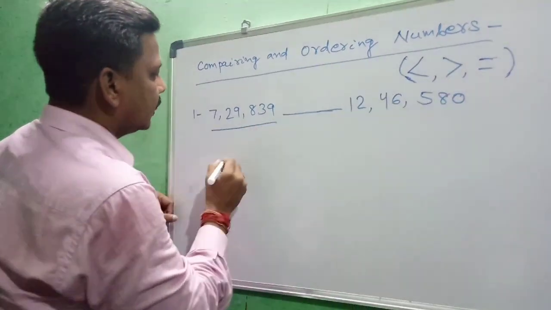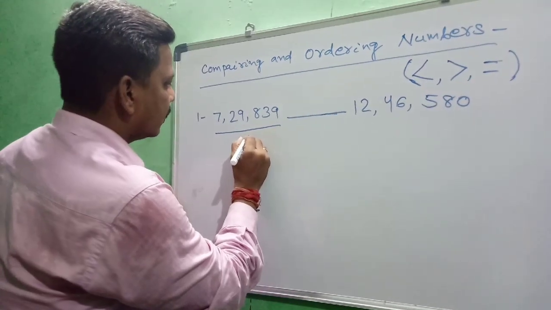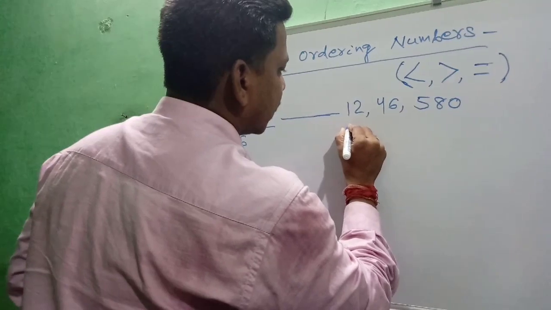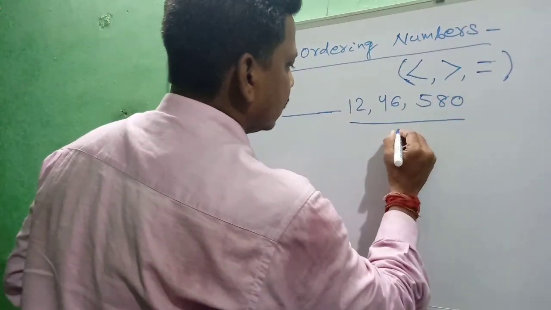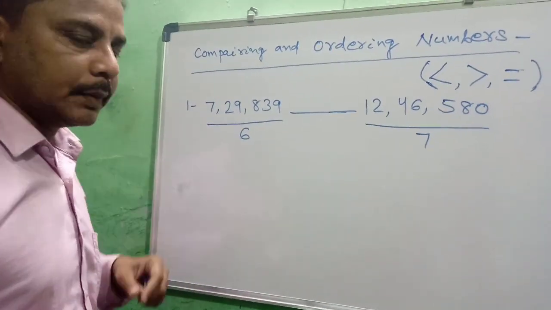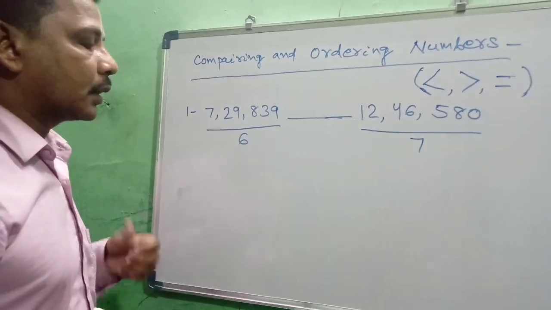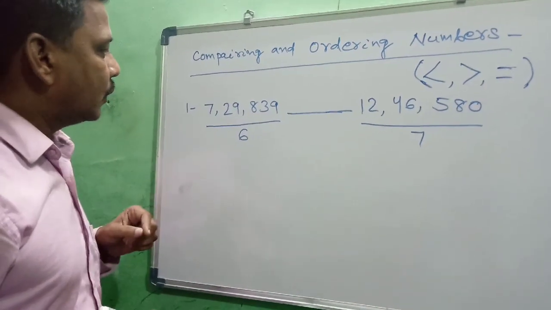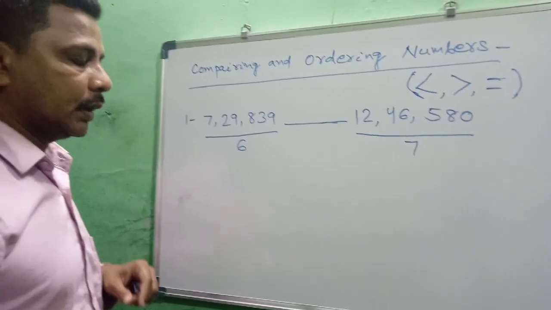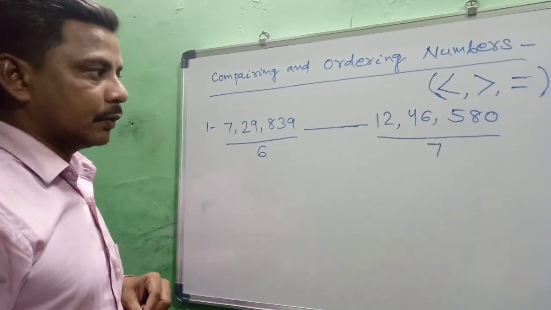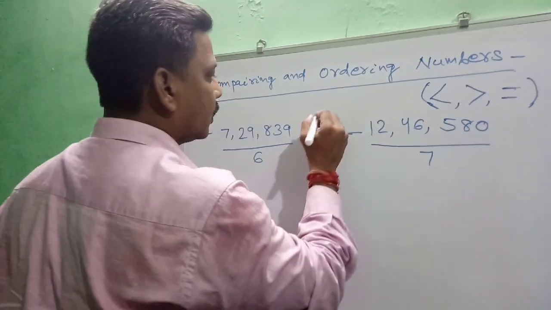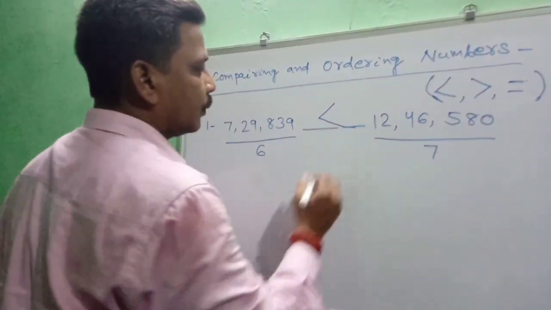The first number is a 6-digit number, and the second number is a 7-digit number. 6 is smaller than 7, so we can easily know 7,29,839 is smaller than 12,46,580. Okay, so we will put the less than symbol here.